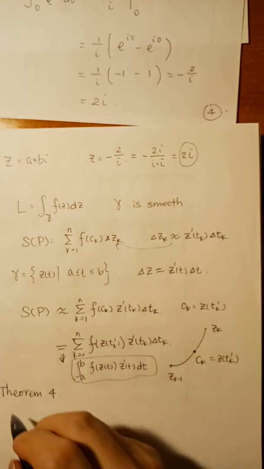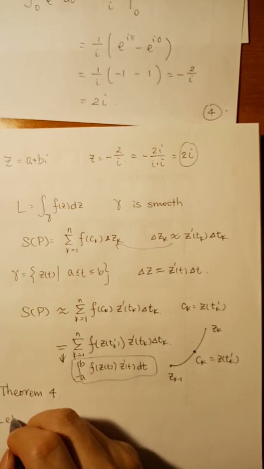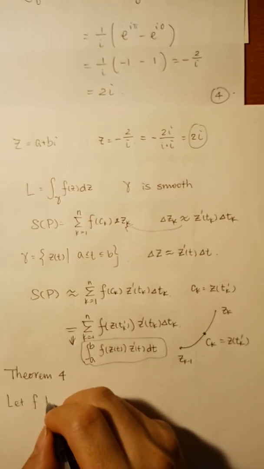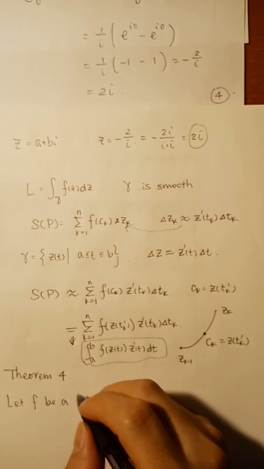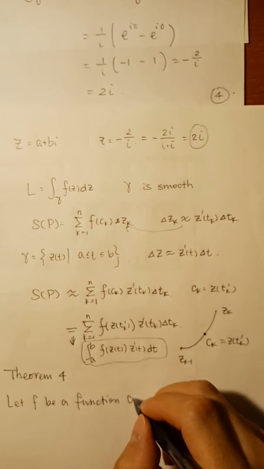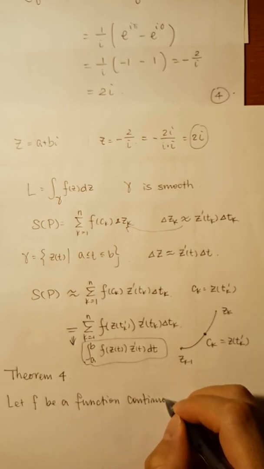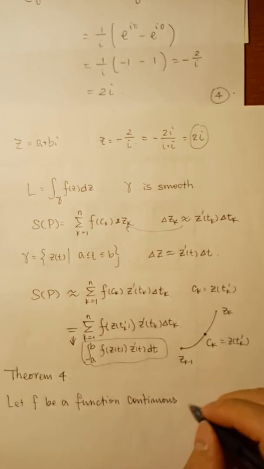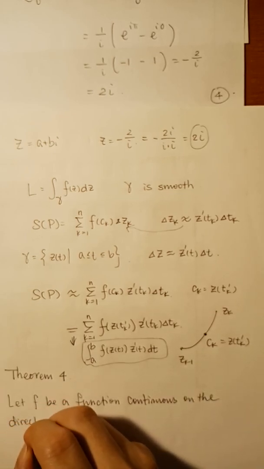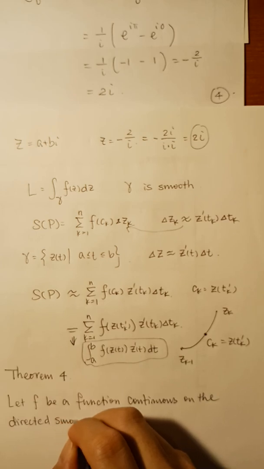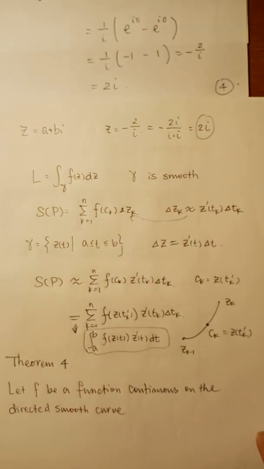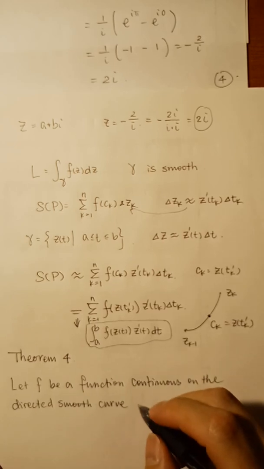Theorem 4 says: let f be a function continuous on the directed smooth curve gamma.